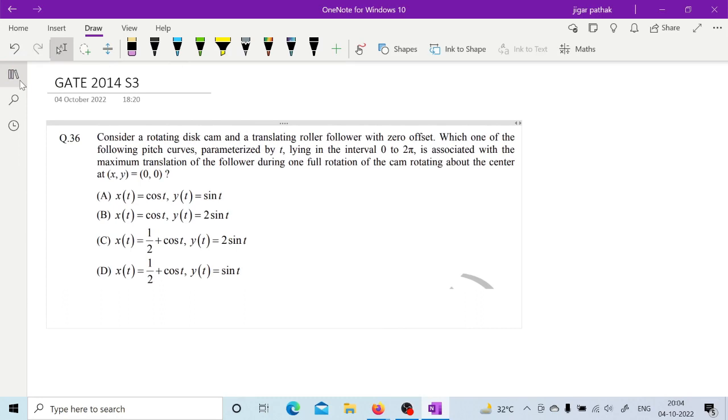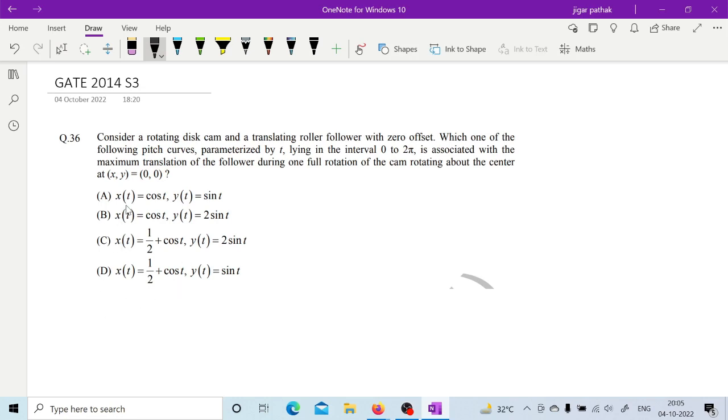Okay, thank you. So if you go to the next question, that is from GATE 2014 S3 session 3. What this question says is, consider a rotating disc cam and a translating roller follower with zero offset. Which one of the following pitch curves parameterized by t lying in the interval 0 to 2 pi is associated with the maximum translation of the follower during one full rotation of the cam rotating about the center at x y 0?